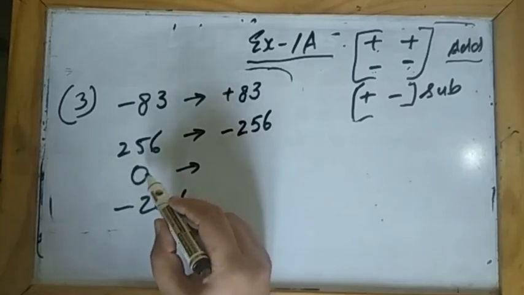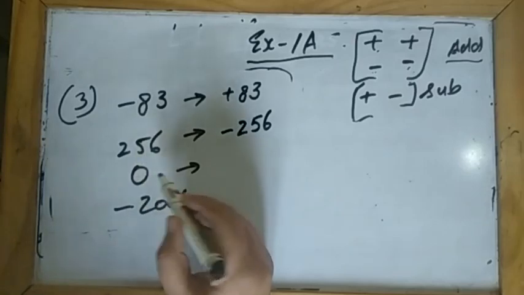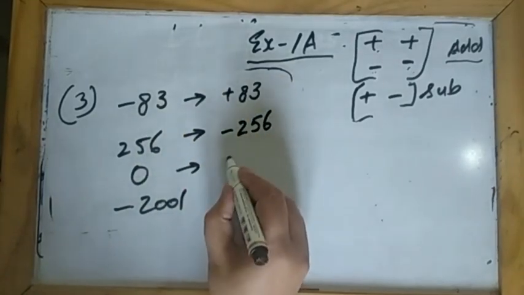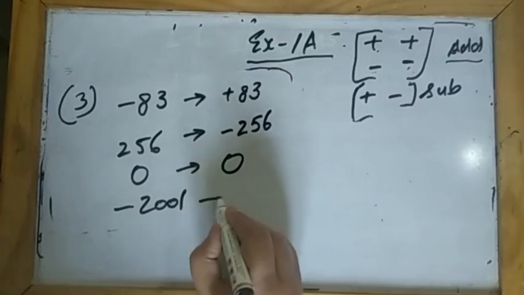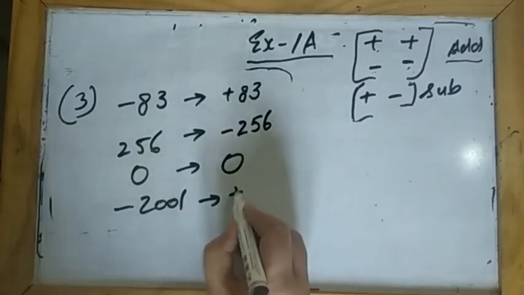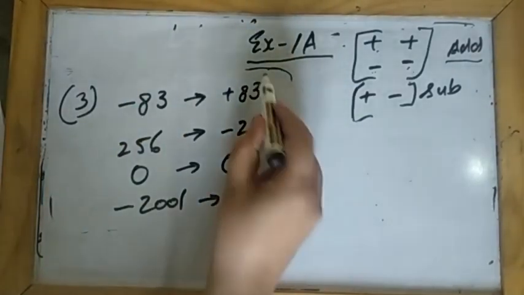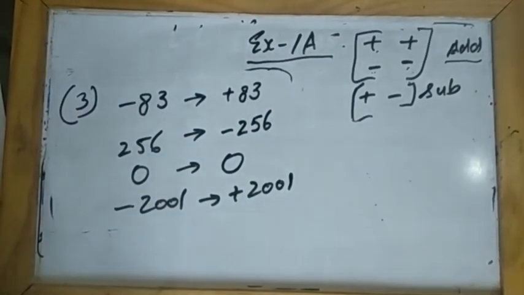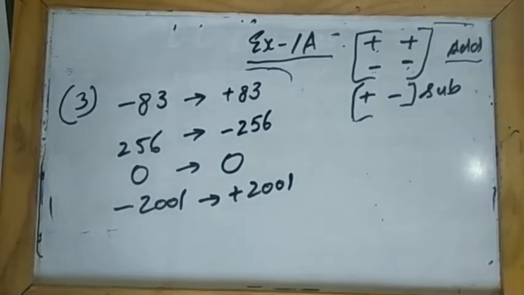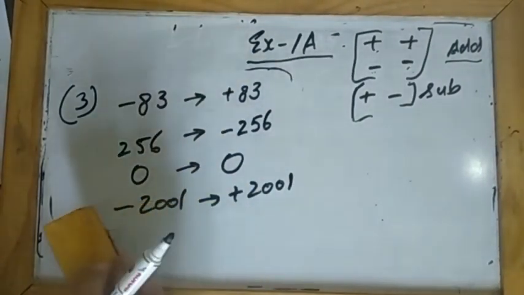I cannot put any sign for 0, so it's neither negative nor positive. So what is the additive inverse of 0? It's 0 only, without any sign. And this is -2001, so its additive inverse is +2001. So this additive inverse you have to keep in mind while doing the subtraction of integers. While doing the subtraction, this we apply in the subtraction of the integers.